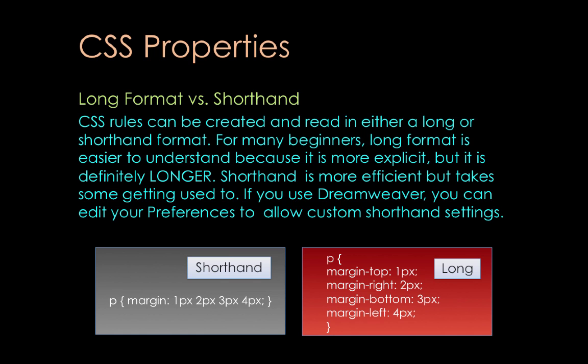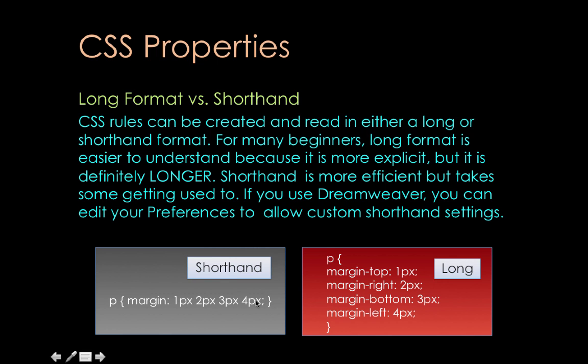So we've got 1 pixel for the top, and then if the clock hand were to move to the right, to the 3 o'clock position, we'd have 2 pixels for the right side. The bottom, the 6 o'clock position, would be 3 pixels for the bottom margin.